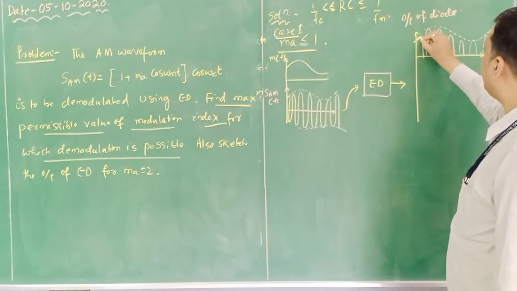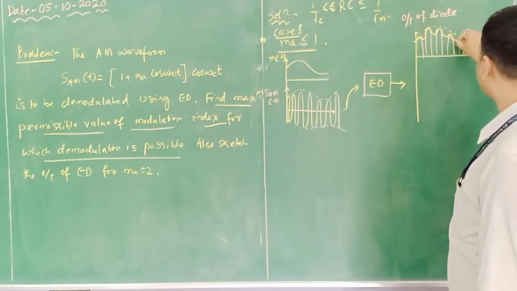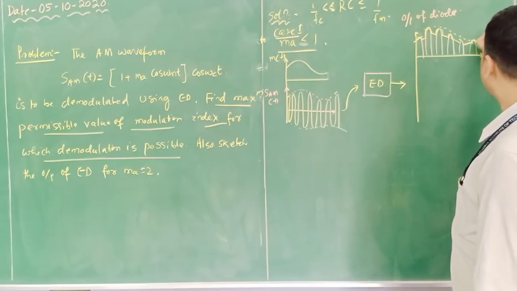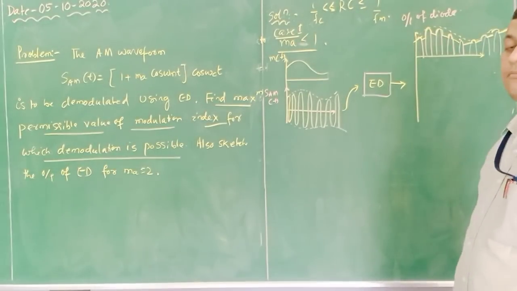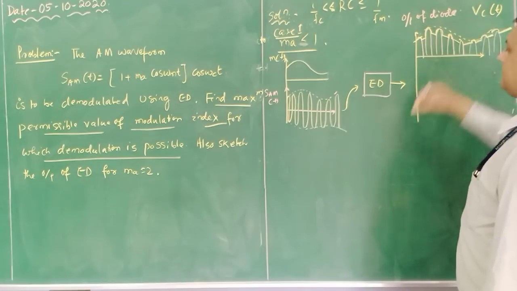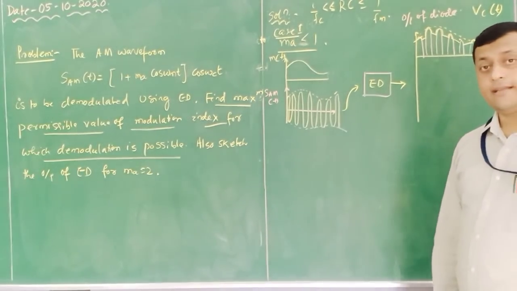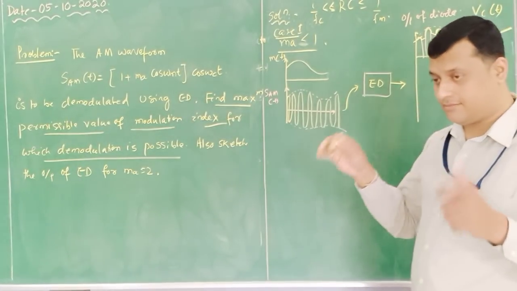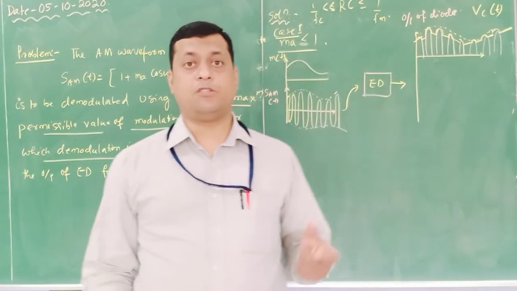Here, again peak to peak, charging, discharging, charging, discharging. This sort of waveform will come at the output of the capacitor, because there is a parallel capacitor, and then the output of the parallel capacitor is fed into the smoothing filter.